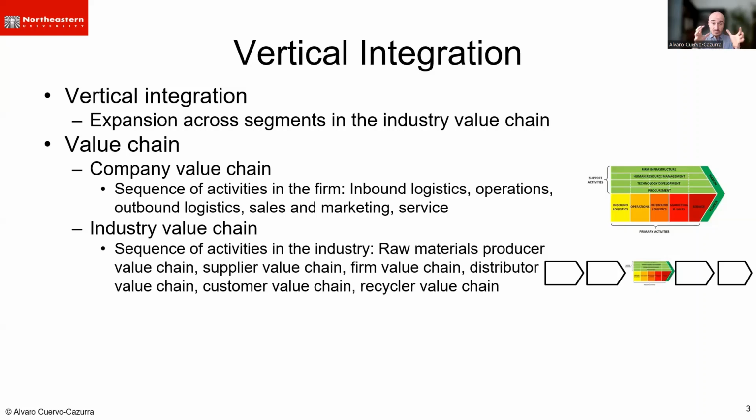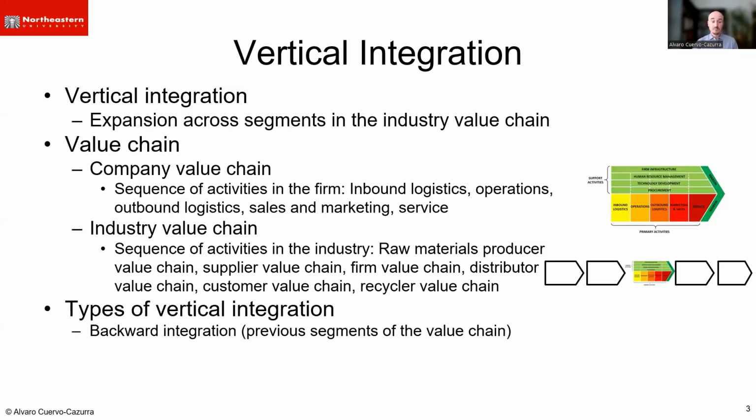They are related: within company, across industry. The question here is the choice of companies. Do we specialize in only one segment of the value chain within the industry, or do we go and coordinate multiple segments? With this, we have two different types. Backward integration: I start in this particular segment, and then I decide to go backwards into my supply chain.